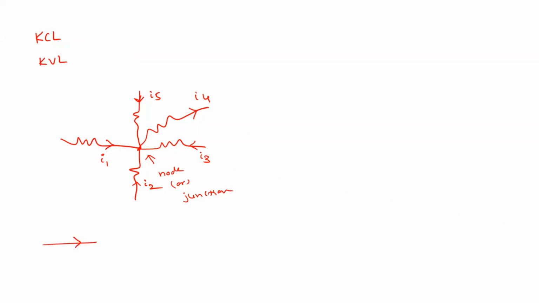If the current is flowing in like this, this is I1; if it is flowing out, this is minus I1. So the current entering the junction is taken as plus and the current leaving the junction is taken as minus. Now tell me, when you apply KCL, what is the equation?